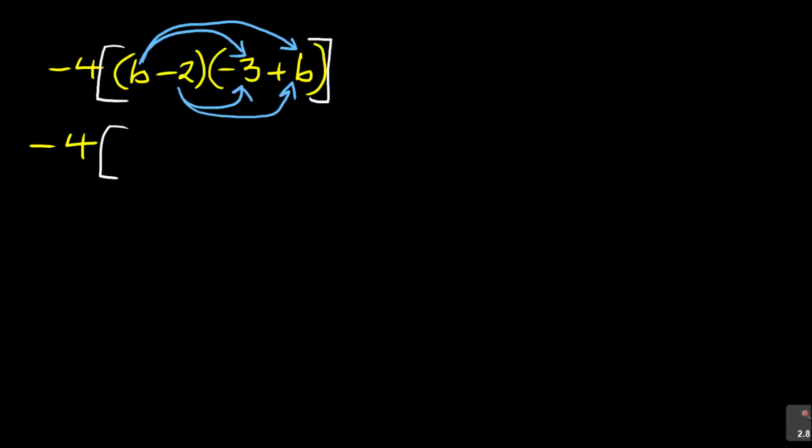What are we saying? It's b times negative 3. Then always put a bracket, a positive sign, and then it's b times b. Seeing that? And then always put a positive sign in between. With time, you'll understand that you can omit this stage, which is negative 2 times negative 3.